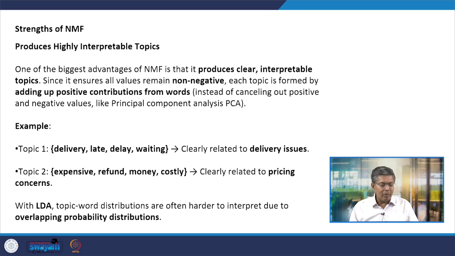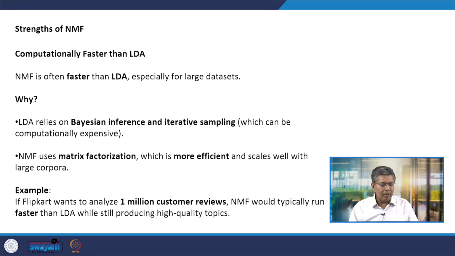Topic 2: expensive, refund, money, costly, clearly related to pricing concerns. With LDA, topic word distributions are often harder to interpret due to overlapping probability distributions. Here you do not have that issue. NMF takes care of that, and because it is giving you only positive numbers, it is easy to understand and comprehend.